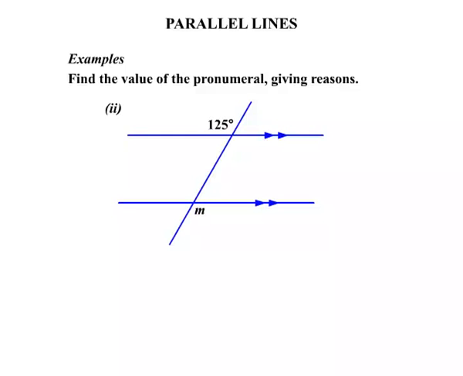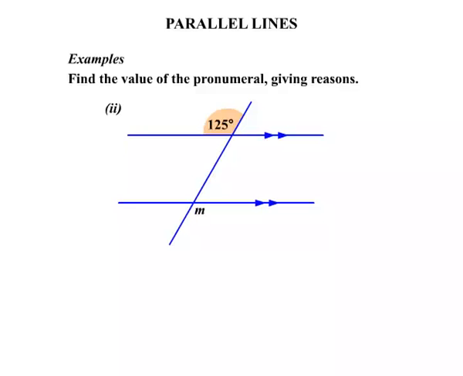Our second example now, we need to find M. Now, if we consider M and then the 125 degrees, well, there's no straight out connection between the two angles just yet. Right, they're not alternate, they're not corresponding, and they're not co-interior. So we need to work with the 125 degrees first. We know that angle.